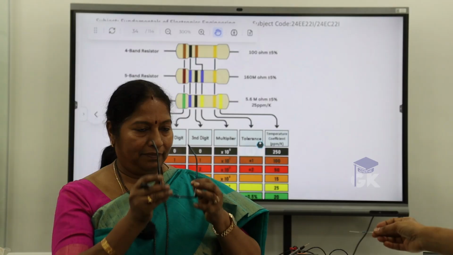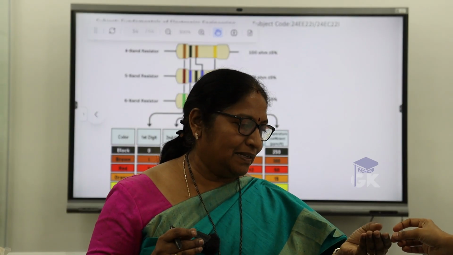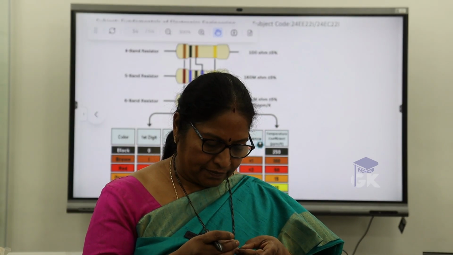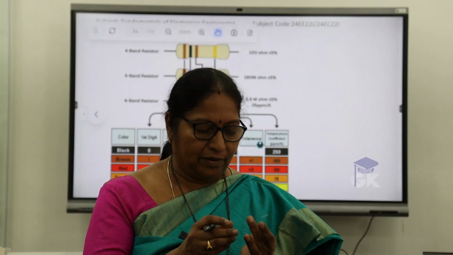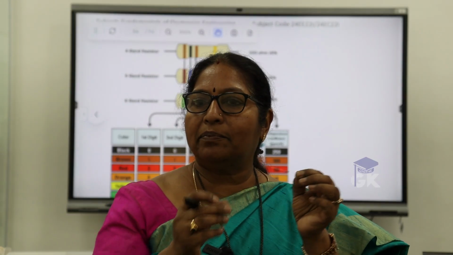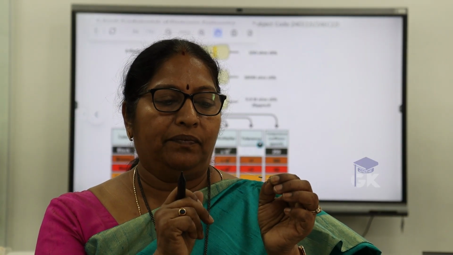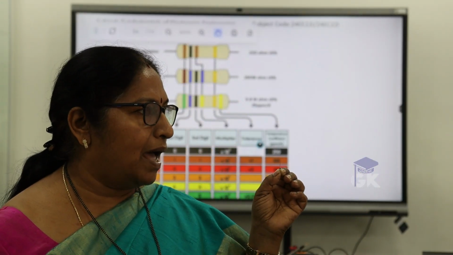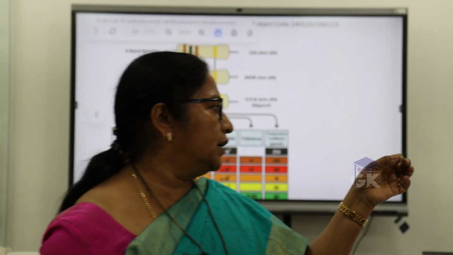Yes. Correct, like this. You can observe the gap. See, 3 color code bands are nearby. The last one is a little bit far away. That is separated, since the resistor is very small, so you can make out the difference, right?